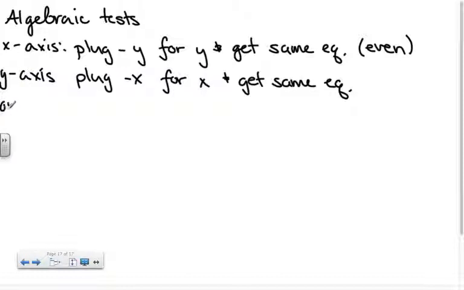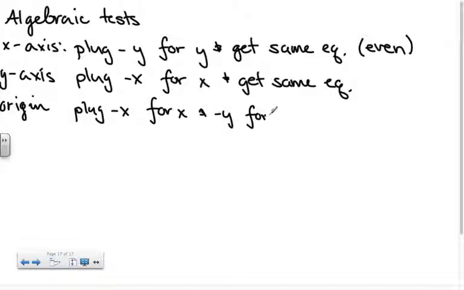And then for the origin, I plug negative x for x and negative y for y and get the same equation.